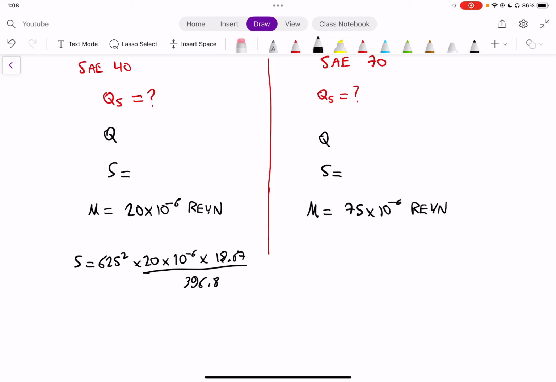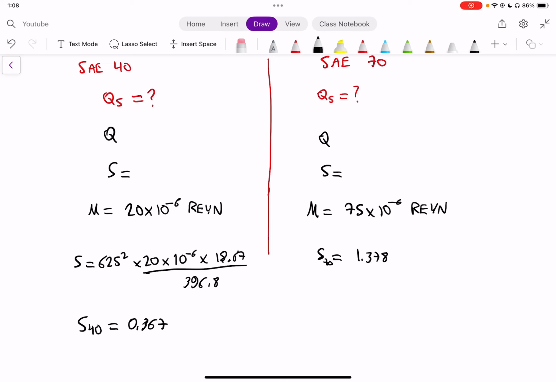Okay, and then same thing here, I can find my S for this side. And so my S for 40 is going to be equal to 0.367. And my S for 70, I'll call it S70, is going to be equal to 1.378.